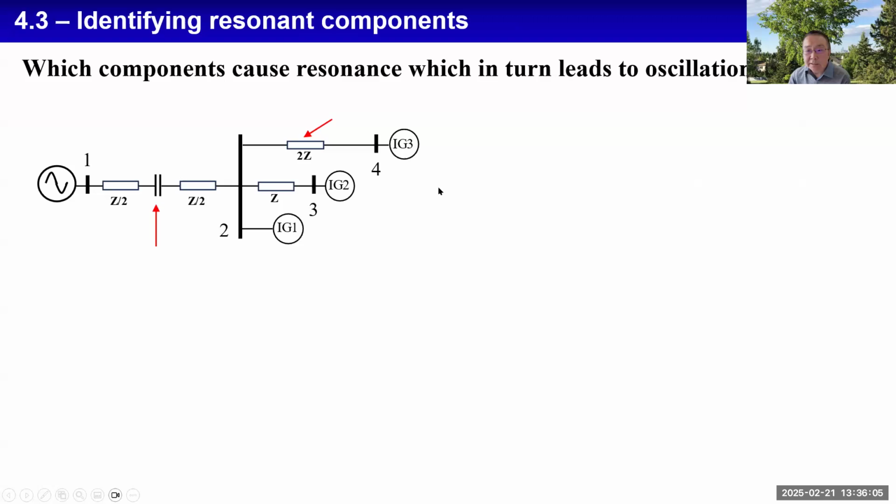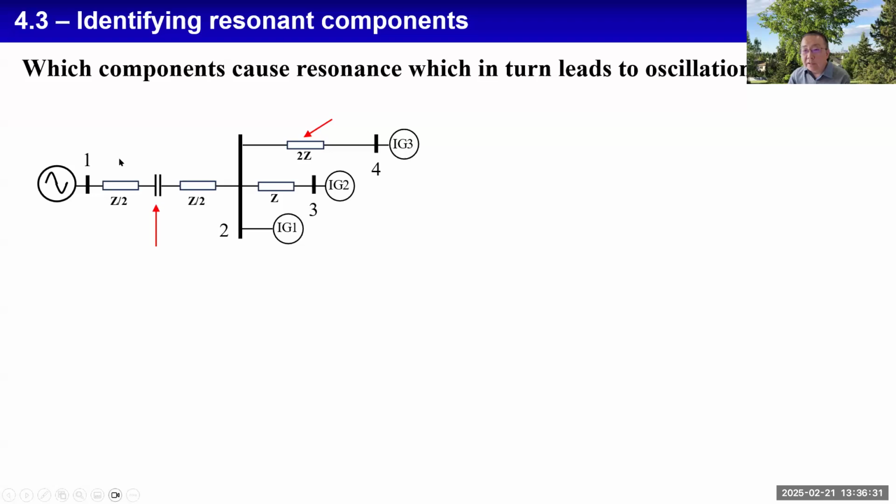For example, in this setup, we know the capacitor causes resonance, but these are inductors, which participate in the resonance even more. Oscillation is associated with resonance, and larger resonance causes more noticeable oscillation.